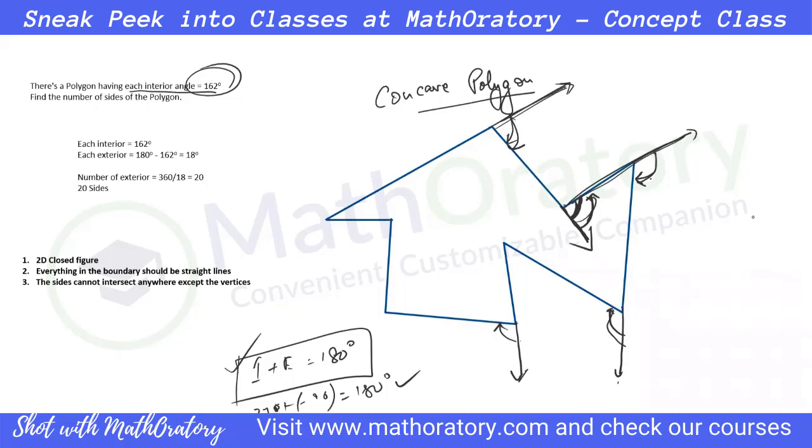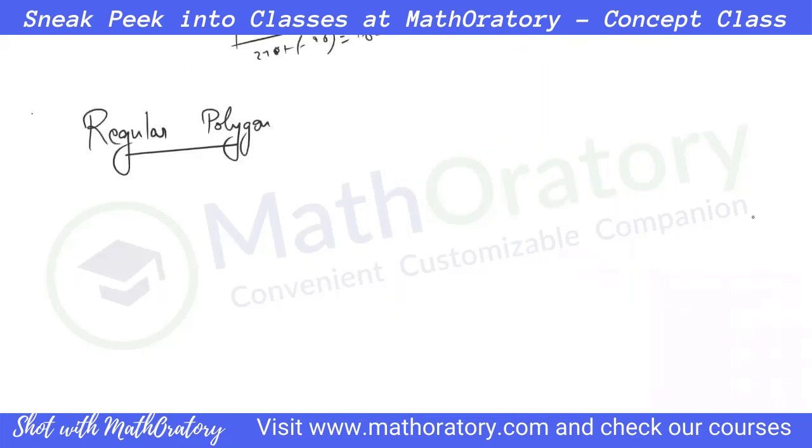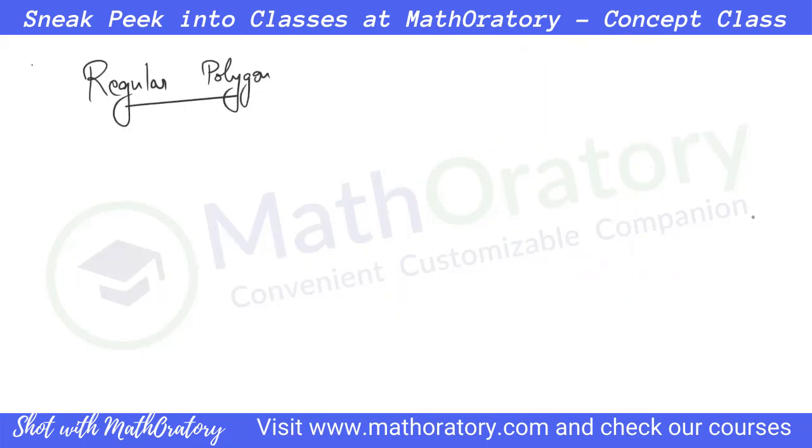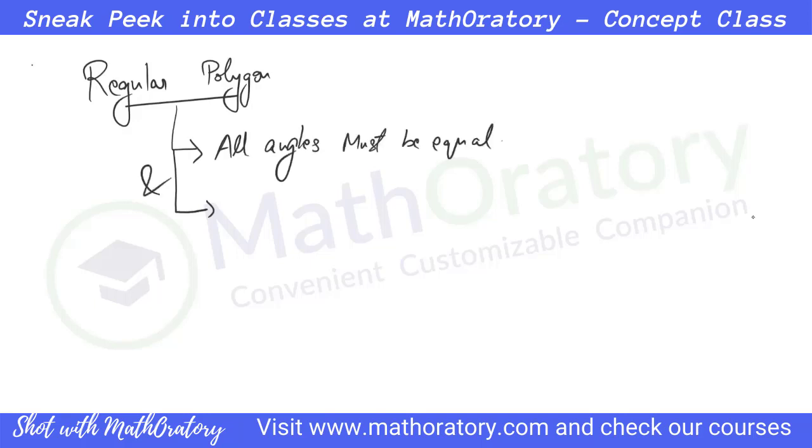Because each interior angle is equal to 162 degrees, it is not necessarily a regular polygon. Please understand that. For a polygon to be called regular, it has to meet two criteria. All angles must be equal, and there's an 'and', not an 'or'. All sides must be equal.